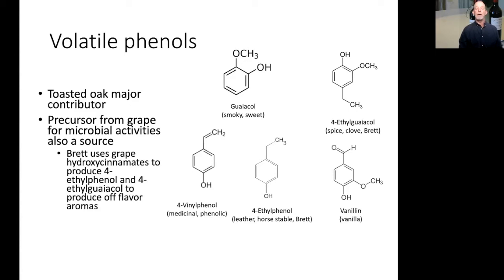So the microbial activities of Brettanomyces, or Brett, can use the hydroxycinnamates to produce that 4-ethylphenol and that 4-ethylguaiacol to produce this off-flavor aroma. But that's not coming in directly from the grape, but from the Brettanomyces yeast that is metabolizing the grape juice.